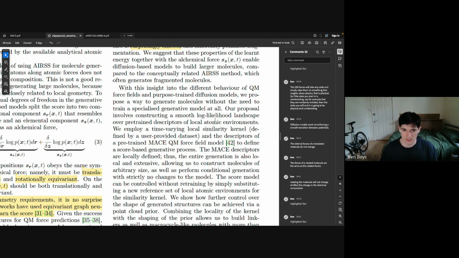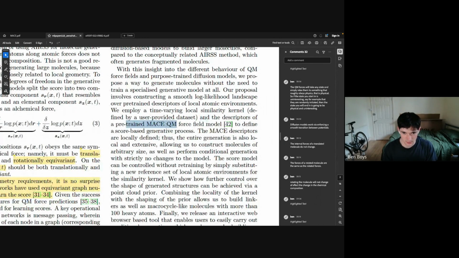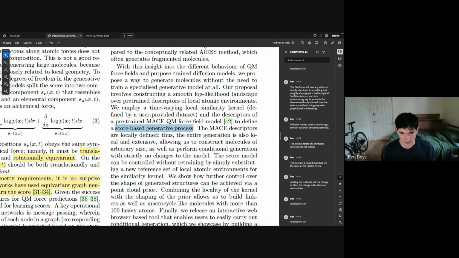And so they're going to use a pre-trained MACE. So this is the parameterization that they use, which is equivariant to, or invariant to, this physical group, which produces physical potentials to define a score-based generative process.